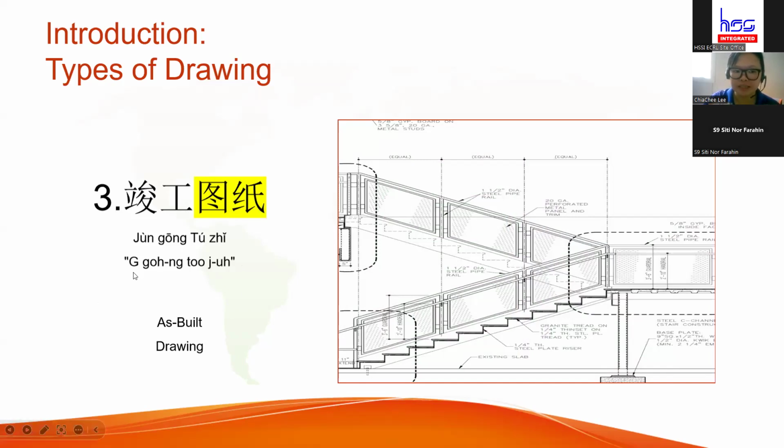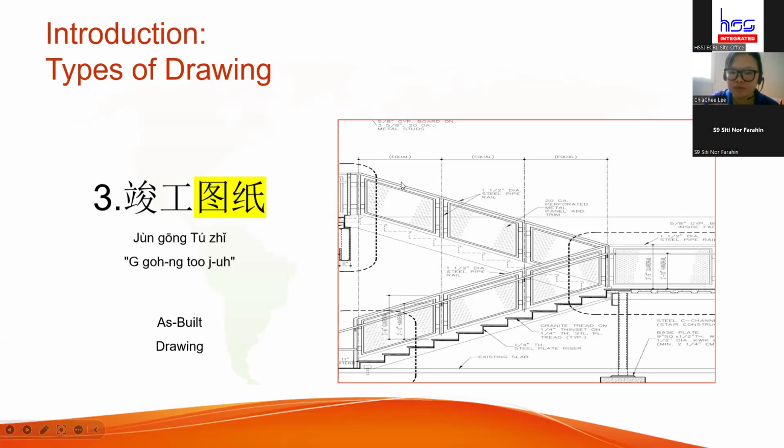So 竣 will be like G, but we press harder. Can you get the G? Okay. 竣, and then 工. 竣工图纸 is the as-built drawing.